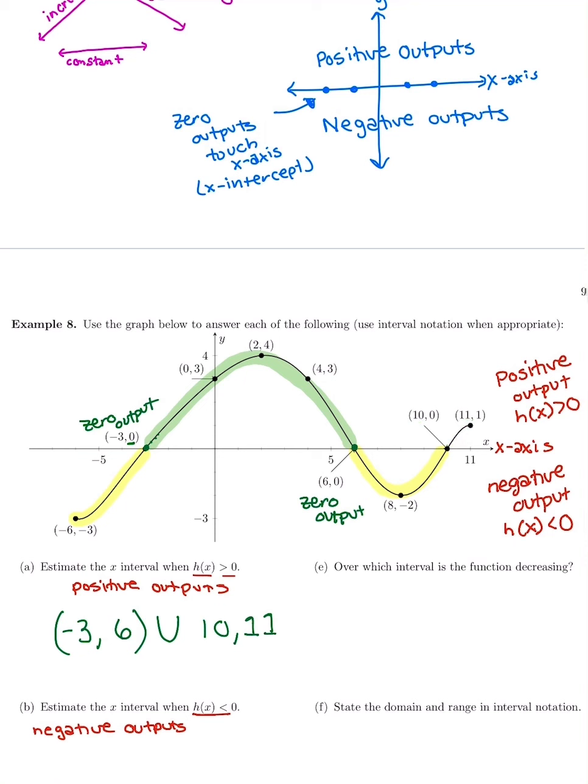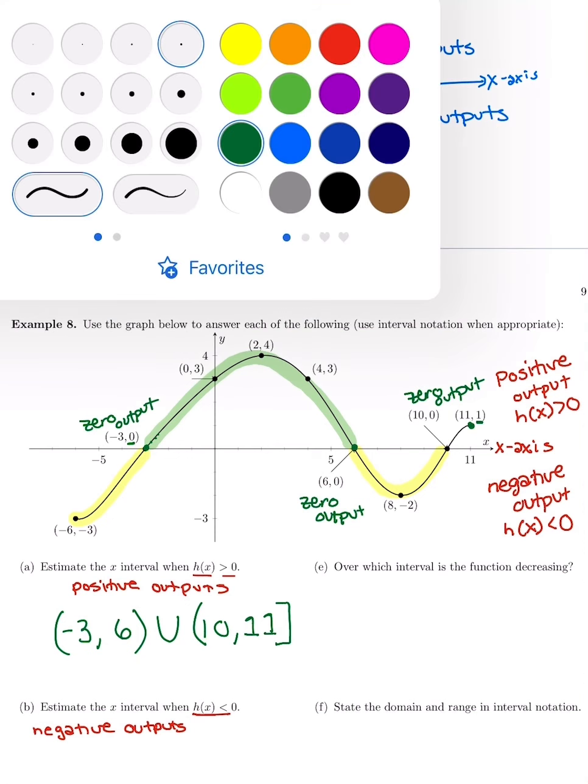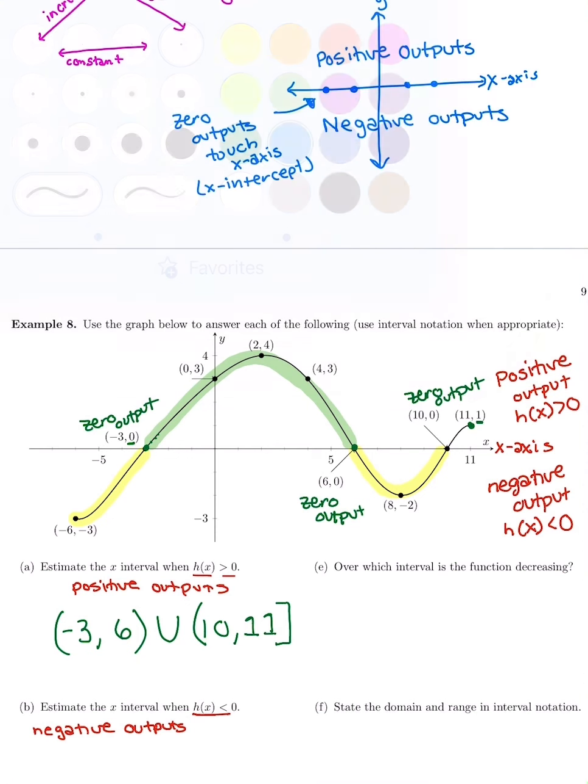Well, 11 is definitely included because the output there is 1. That's a positive output. But we have the point (10, 0). That's a 0 output. We've learned that with 0 outputs, we don't include them as being positive, since 0 is not positive or negative.